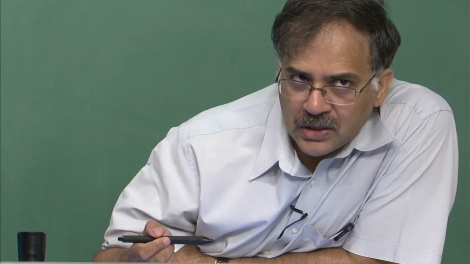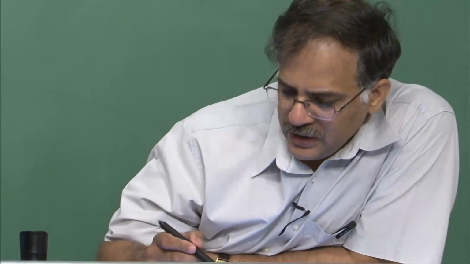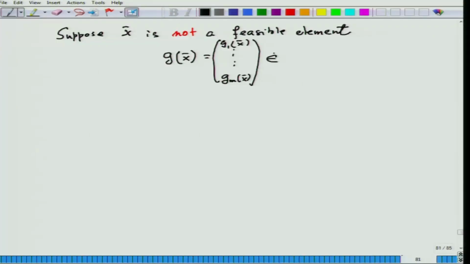That means that this vector cannot belong to the negative of R^m_+, in the sense that all of them are not less than or equal to 0, but R^m_+ is a closed convex cone and this is the point outside it.